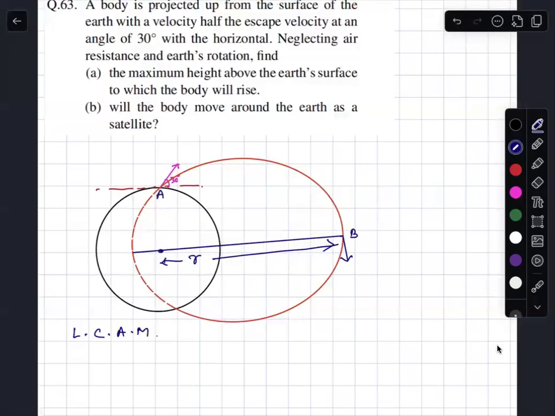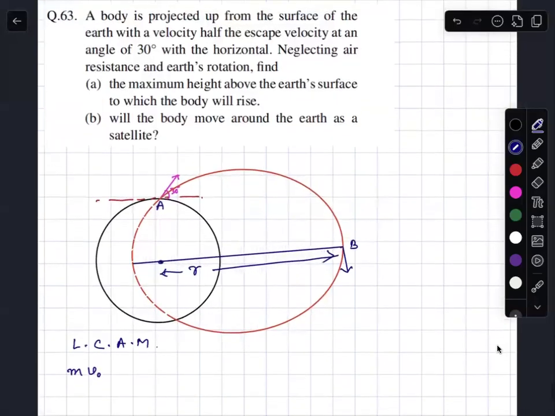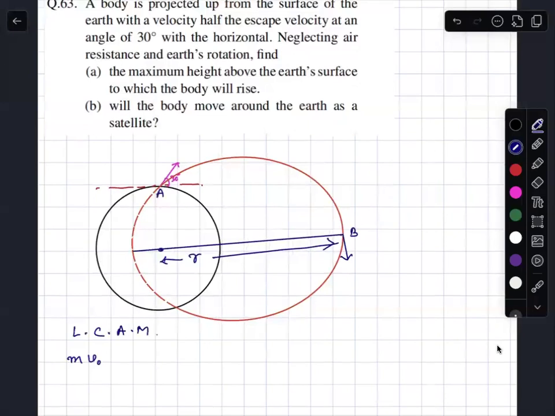So at A, what is going to happen? Here you projected with what velocity? Half the escape velocity. V naught is half of the escape velocity, root of 2GM by R, which is nothing but root of GM by 2R.